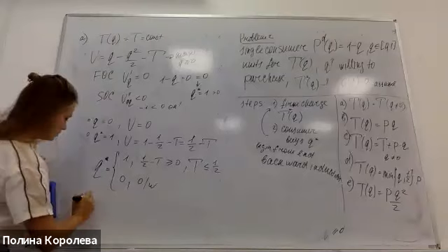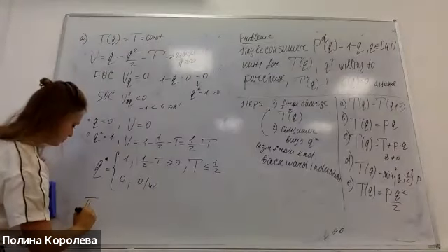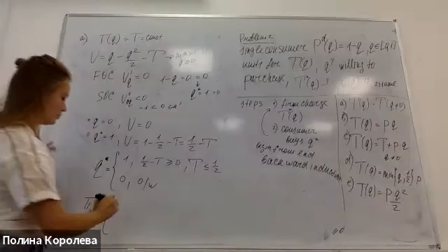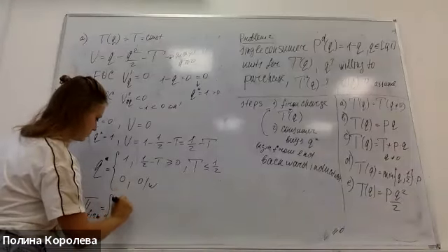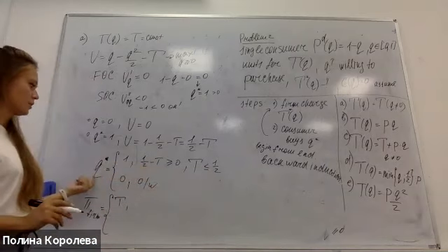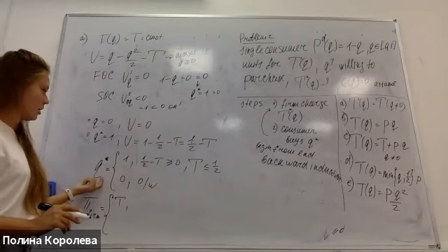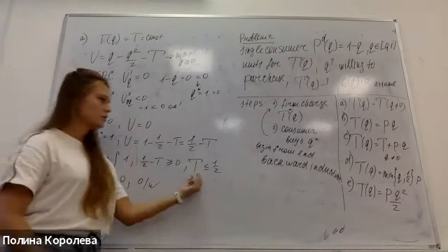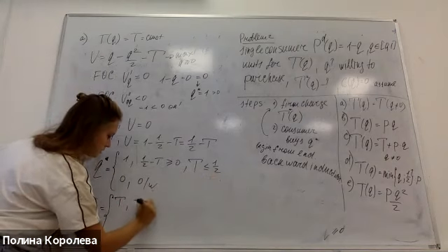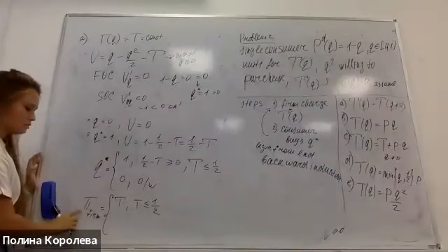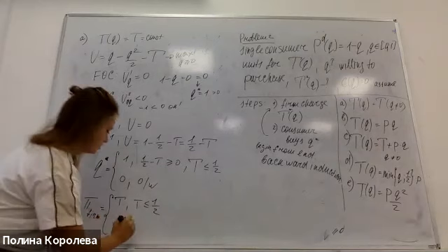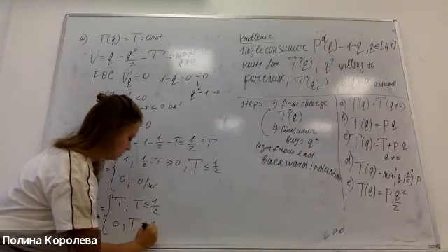So now what can we say about the profit of the firm? The profit of the firm will be this tariff only if our consumer will buy something, and our consumer will buy something only if the tariff is less or equal to 1/2. So if the tariff is less or equal to 1/2, the profit is t, and the profit of the firm will be 0, nothing will be sold, if the tariff is greater than 1/2, or otherwise.